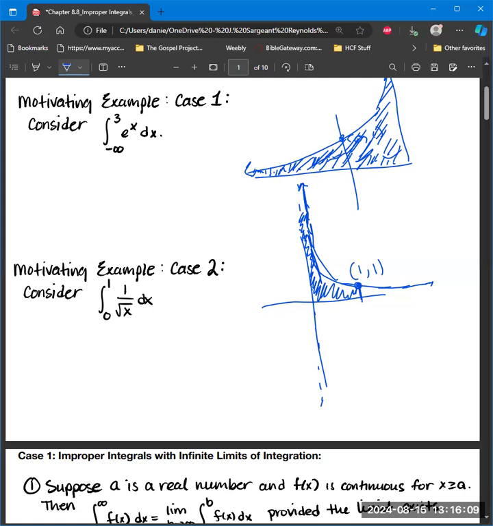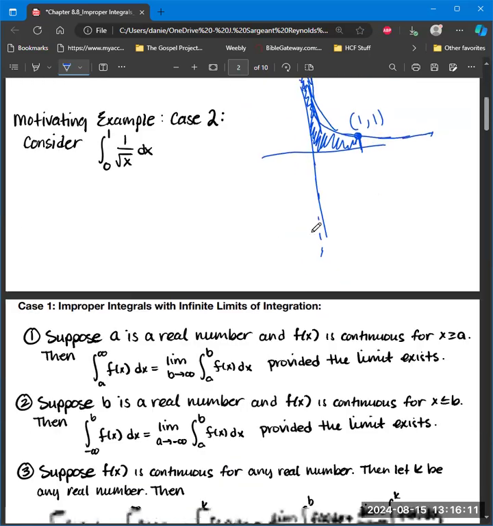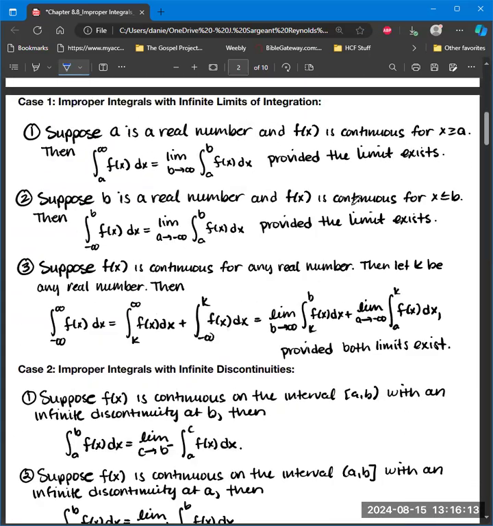Let's look more at these cases. For case 1, improper integrals with infinite limits of integration. Suppose a is a real number and f of x is continuous for x greater than or equal to a, and we have this integral from a to infinity of f of x dx.